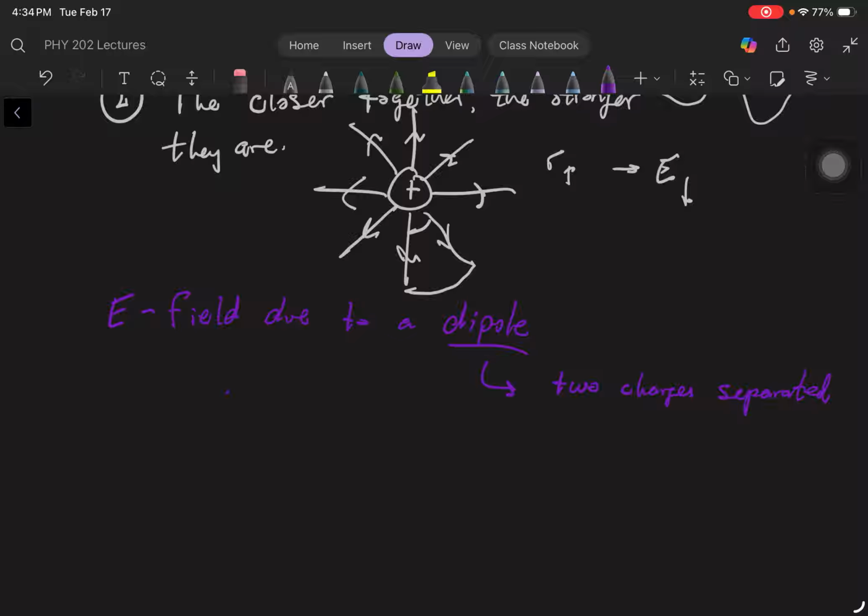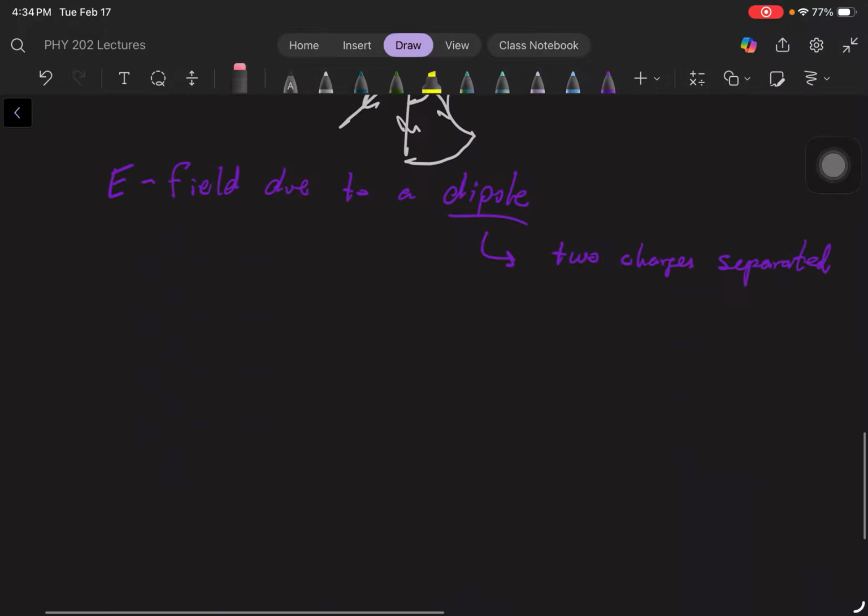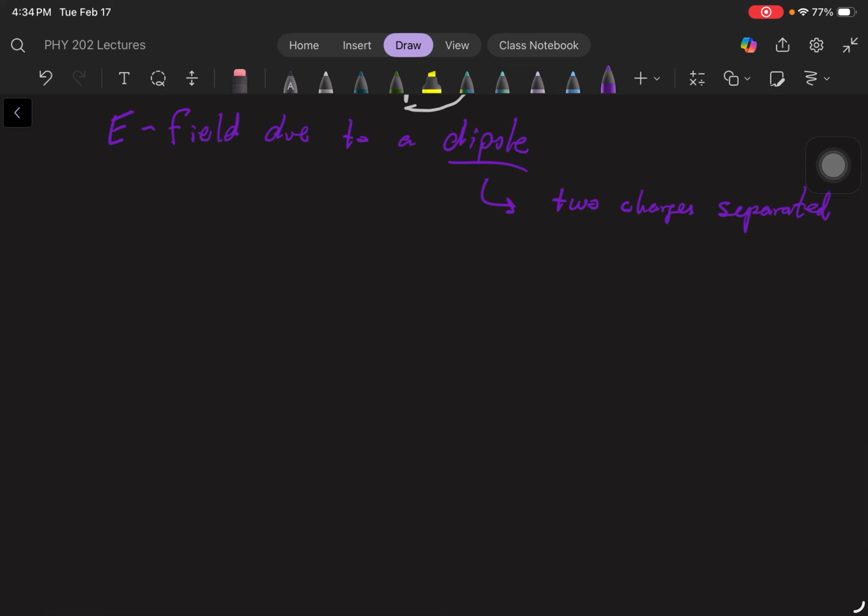And so if we have a positive and a negative, we'll call this one plus Q and minus Q. And then let's say we want to mark their center, just so we have an origin for the problem.